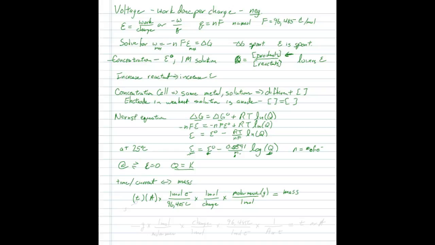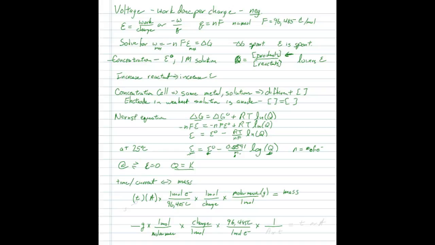You can reverse the whole thing. You can be given the mass in grams, 1 mole over the molar mass, times the charge over 1 mole, times the Faraday. So everything's just reciprocal up above. 96,485 coulombs per 1 mole of electrons, times, now this is the variance.